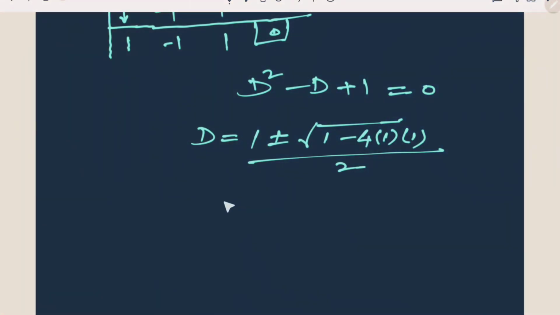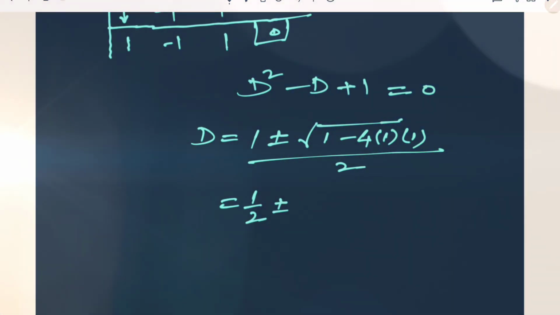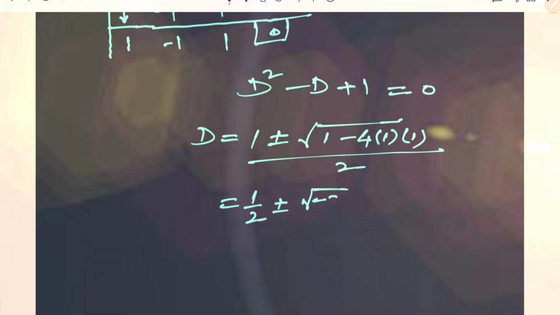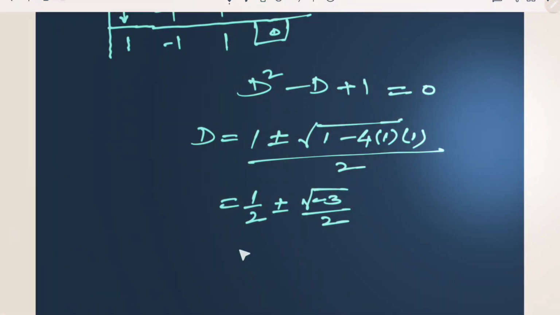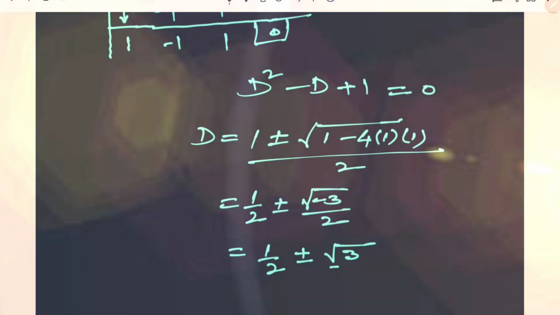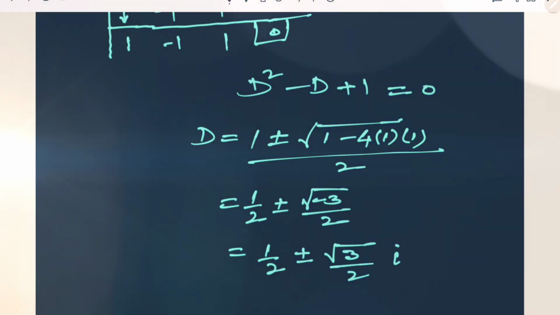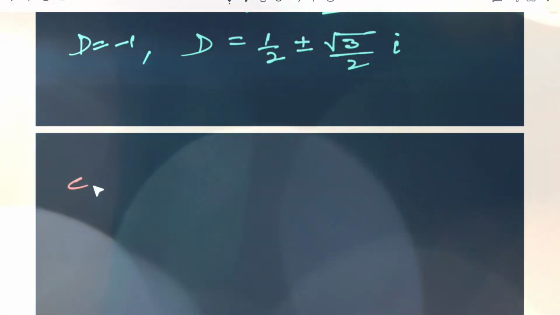Then dividing by 2 separately, we get 1 by 2 plus minus square root of minus 3 divided by 2, and since square root of minus 1 is i, it is 1 by 2 plus minus root 3 divided by 2 into i. Imaginary roots, alpha is equal to 1 by 2, beta is equal to square root of 3 by 2.